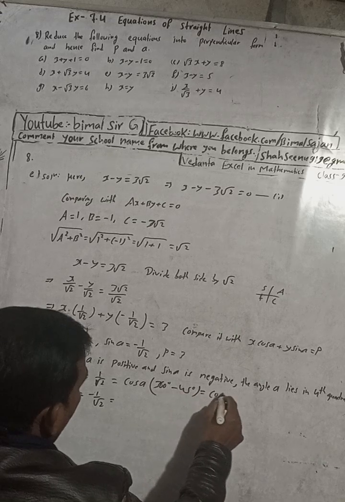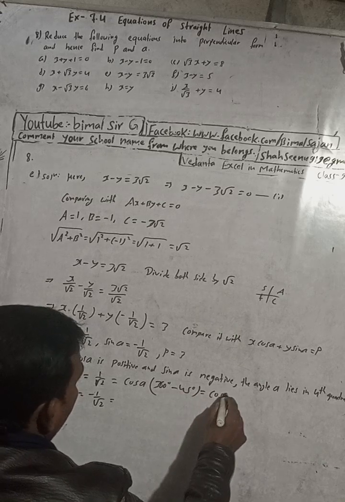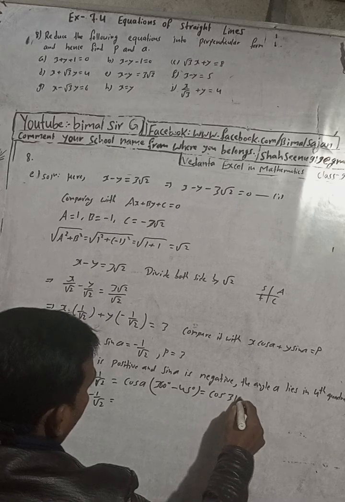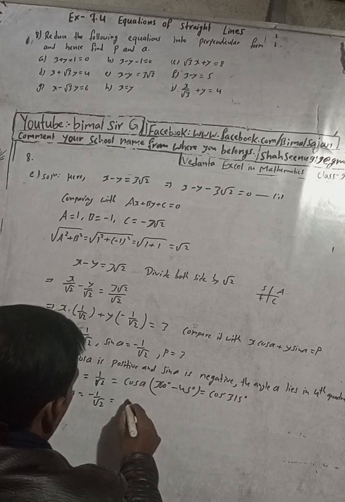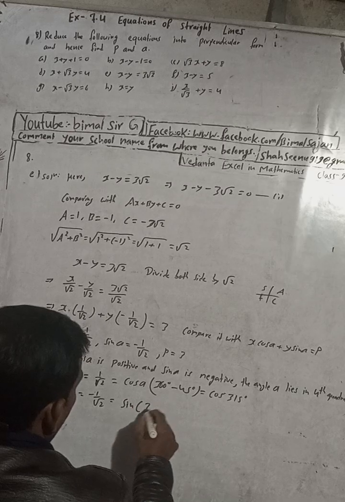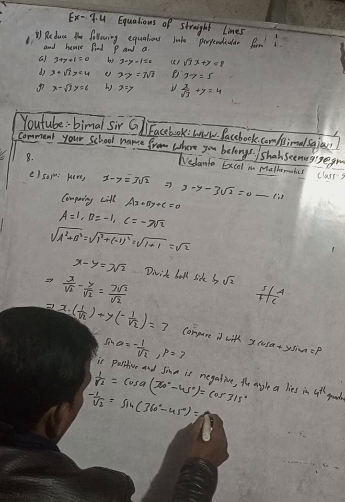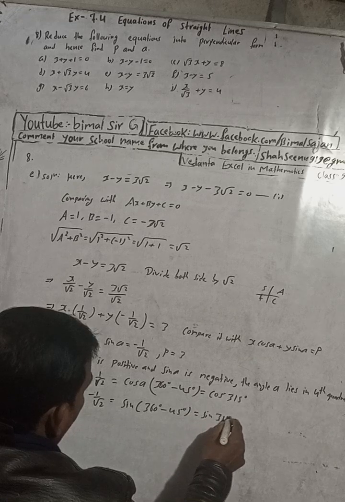So this can be written as cos 315 degree, and sin 360 degree minus 45 degree is equal to sin 315 degree.